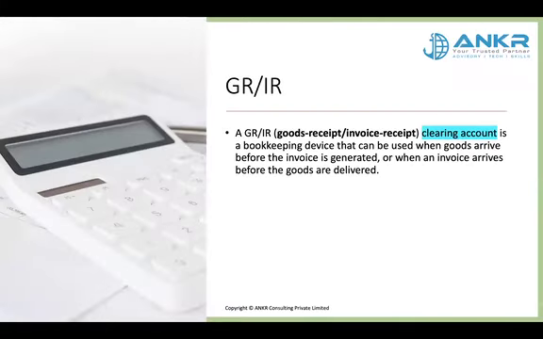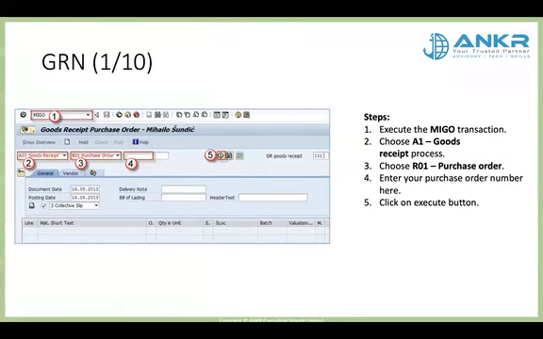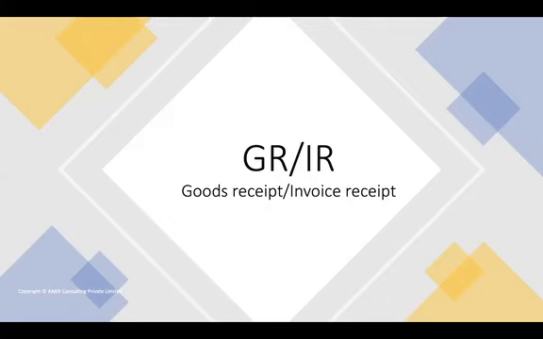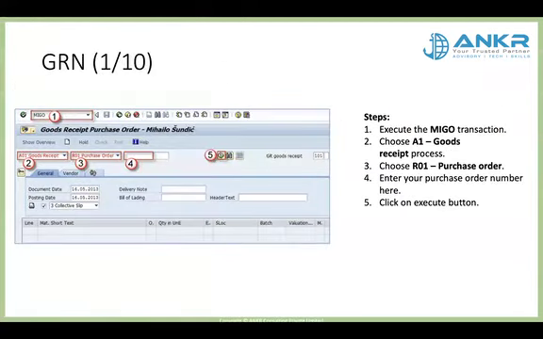So this is a clearing account, as I told you, and this is generated or made at the warehouse normally, or whatever is the receipt location, by entering the basic details of the receipt of the goods. So this is done through a T code, which is MIGO. Through MIGO, we do goods receipt.